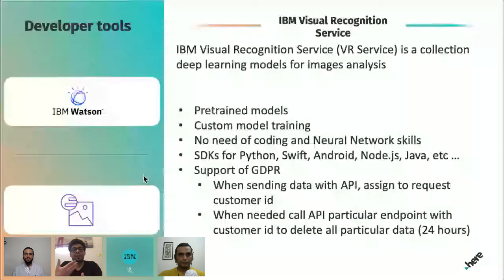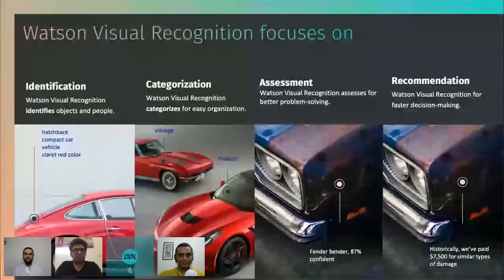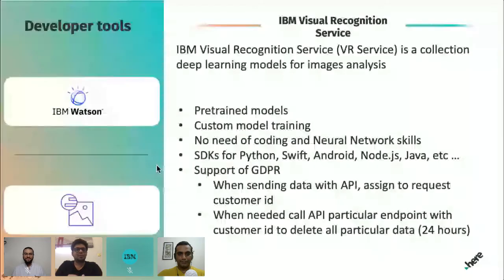So we don't really need any coding here. All you have to do is upload your images, get your APIs, and that's about it. Sorry, Mohammed, can you go to the previous slide? I'm really sorry. Okay. There's support for GDPR. There are SDKs for various languages which you are actually experienced in.